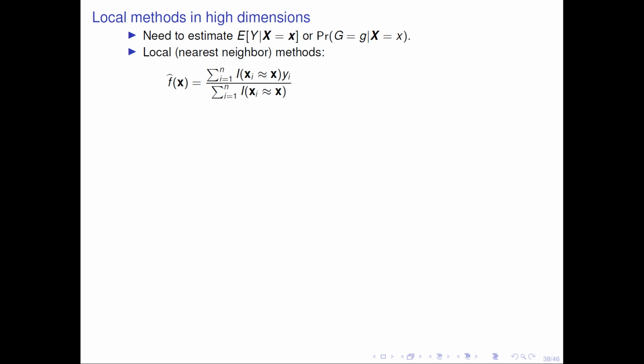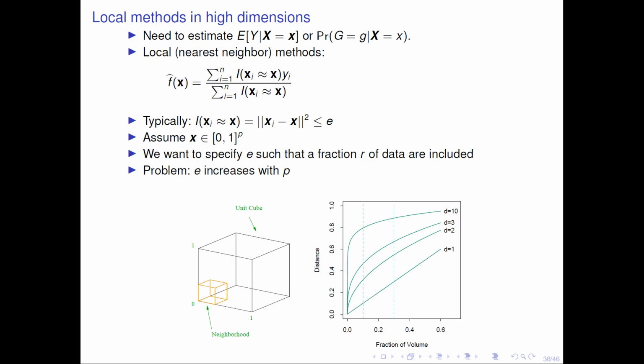Now, to illustrate that things can be very difficult in high dimensions, let's look at one method, which we call a local method or a nearest neighbor method. So we have seen this way of estimating f hat earlier, in that we look at an average of responses nearby the point x that we are interested in. So that's a reasonable way of doing it.